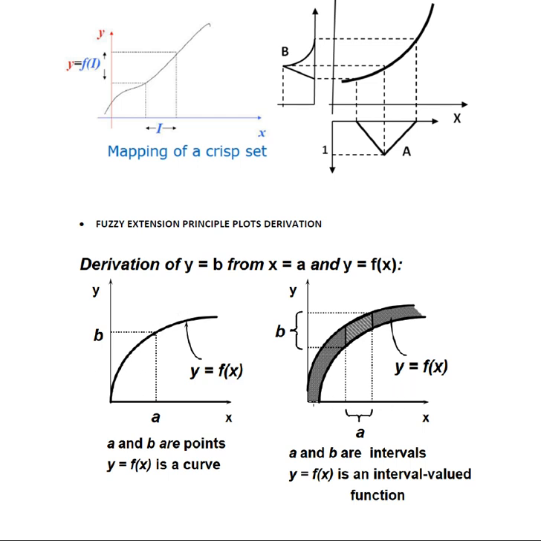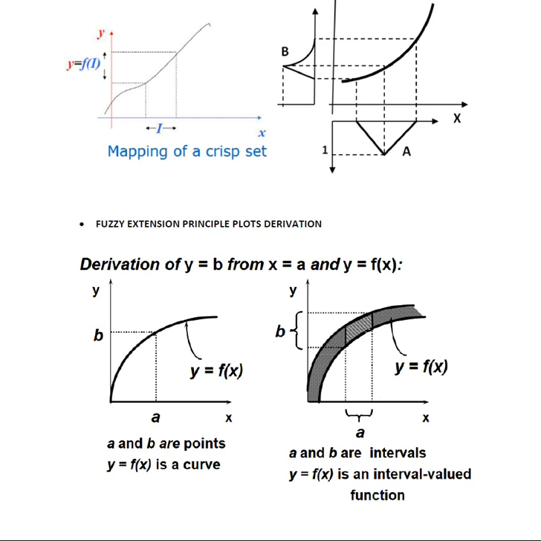Now if you try to take a nonlinear function like this, where you have two different levels, that is a lower bounded level, and here the upper bounded level. So this lower level and the upper level will correspondingly give 2 points, because at this particular point it intersects here, and at this particular point it intersects at the maximum.